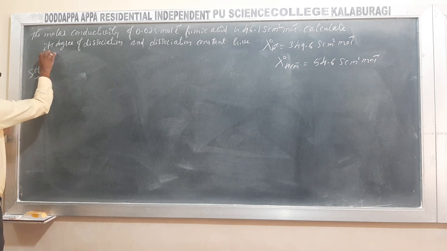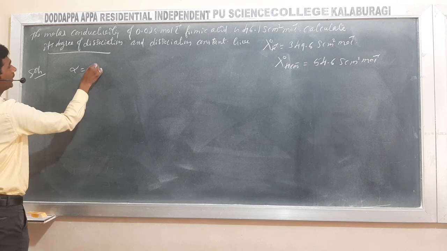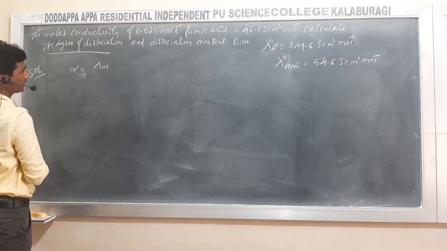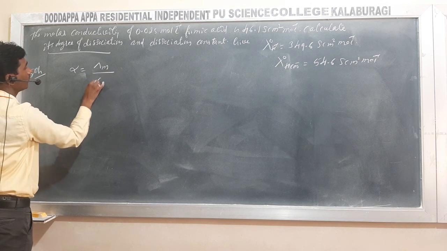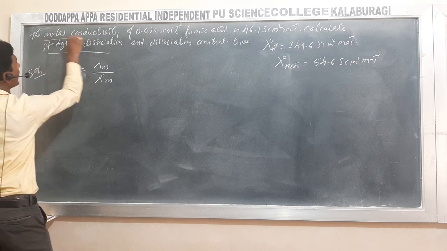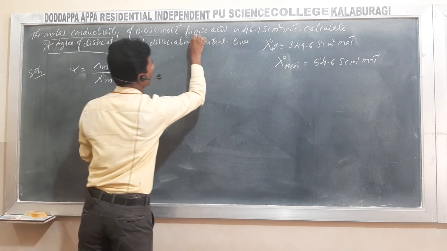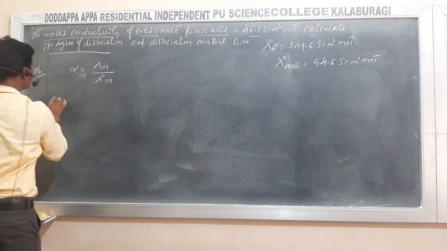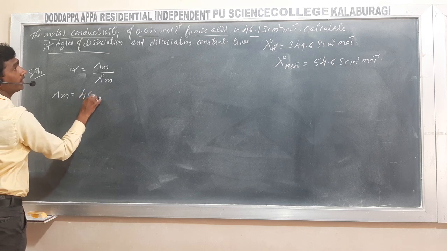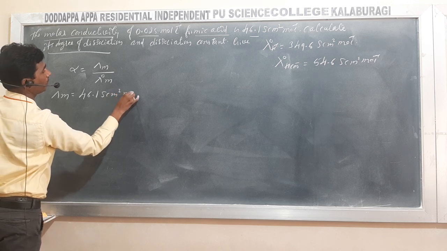Before calculating the dissociation constant, you have to calculate alpha. The degree of dissociation is equal to the molar conductance at a given concentration divided by the limiting molar conductivity. The molar conductivity at the given concentration of 0.025 formic acid is 46.1 Siemens centimeter square per mole.